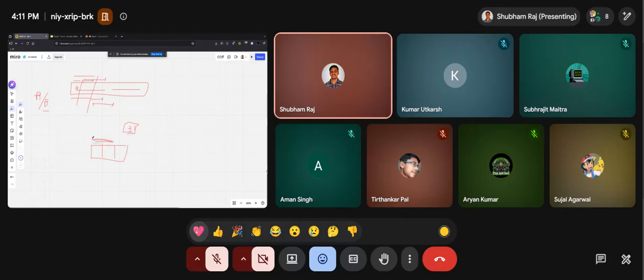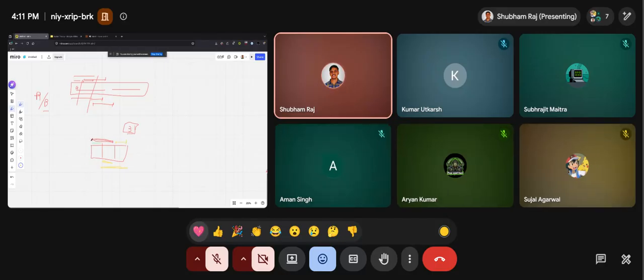Now if Alice picks the green one, then Bob can pick another one or this one. And if Alice's move was this, then Bob can pick this one. So irrespective of what move Alice plays, she will eventually lose.